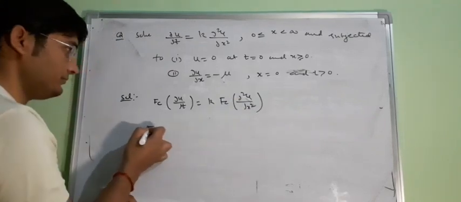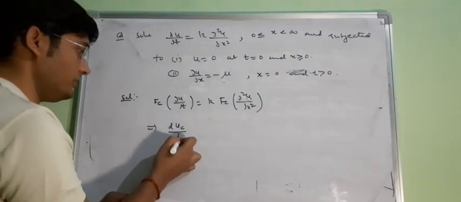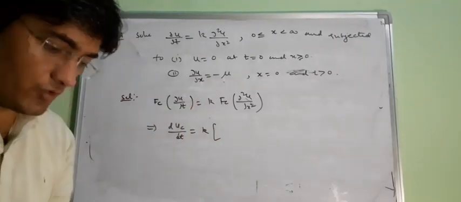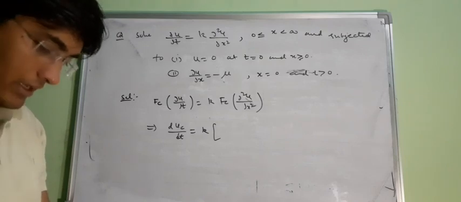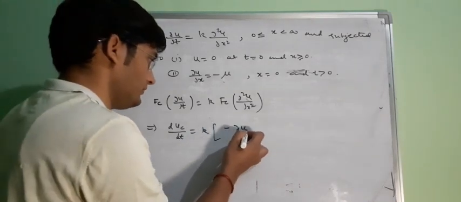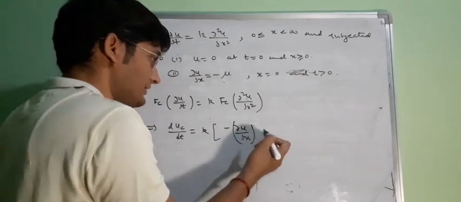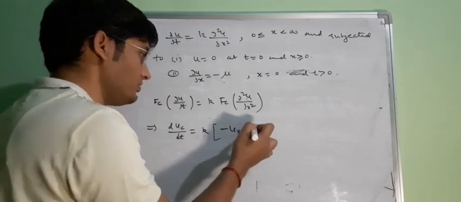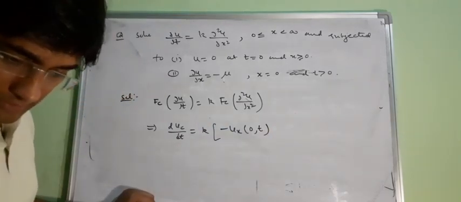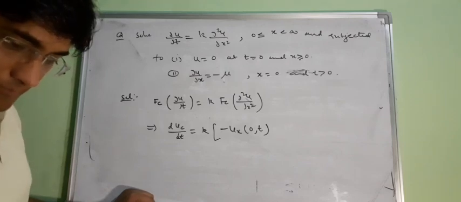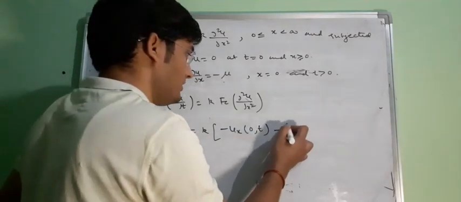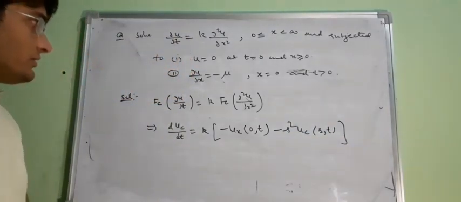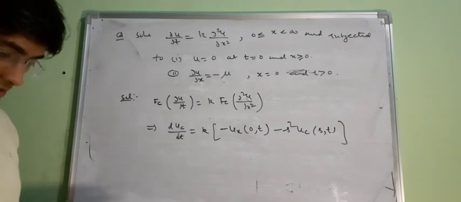So this will be d uc upon dt, and now here the Fourier cosine transformation was, please remember your formula, minus del upon del x at x equal to 0, or you can write it as minus ux at x equal to 0, and then plus, then we have minus sign, minus s square uc at s comma t. This was the Fourier cosine transformation of a function.